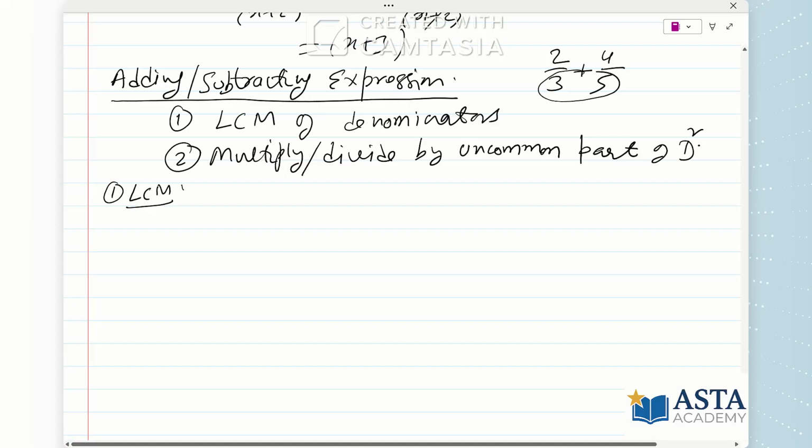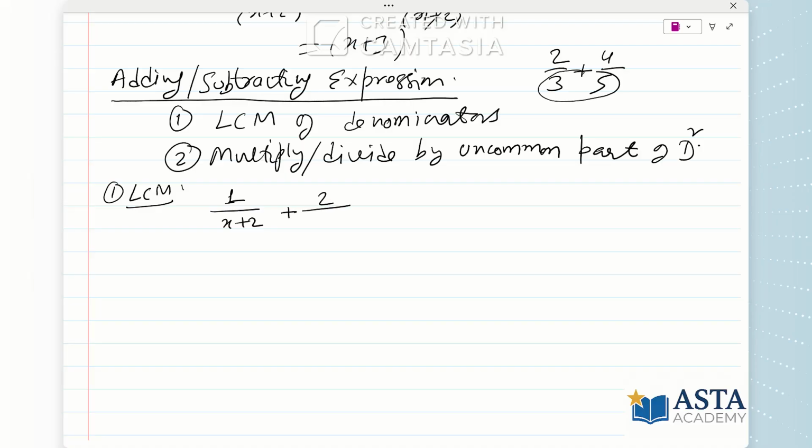Let's say the example is 1 divided by x plus 2 plus 2 divided by x minus 2. So these are the two rational expressions and we need to add them up. Well, we can take the LCM, which is x plus 2 multiplied by x minus 2.